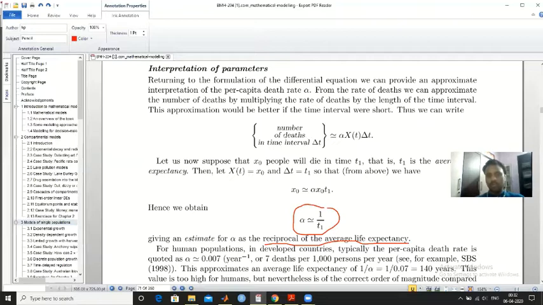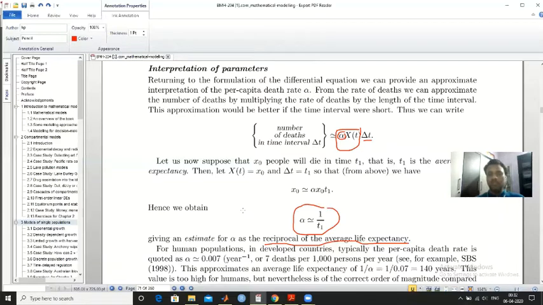And it is easy to find out. How will you find the number of deaths in a time interval del t? This is the rate per capita, so the total death will be alpha times x, and the total time period is del t. If you multiply, then you will get the number of deaths in the time interval del t. That's clear.